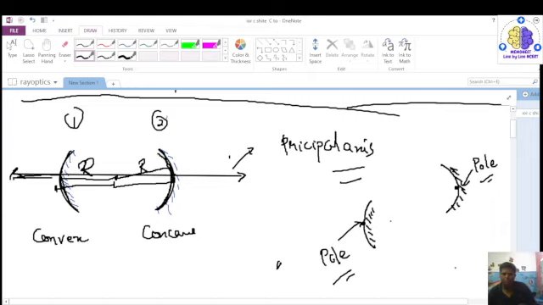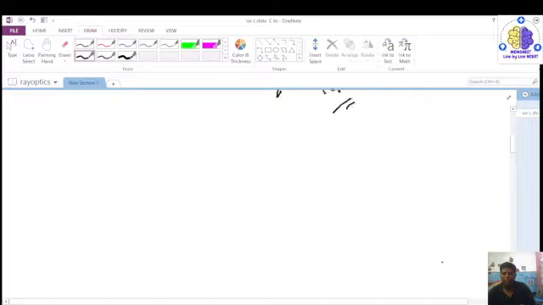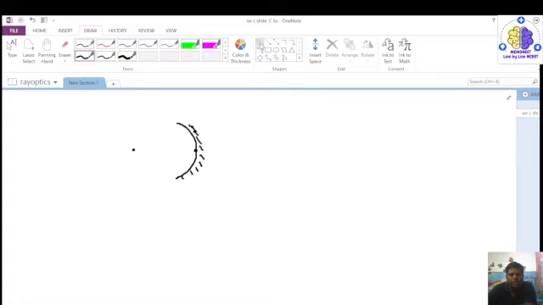Now let's see principal focus. To understand principal focus, let's draw a concave mirror. Suppose this is a concave mirror, right? So this will be its pole, and let's say this is its center of curvature, then I draw a line which passes from the center of curvature to the pole.